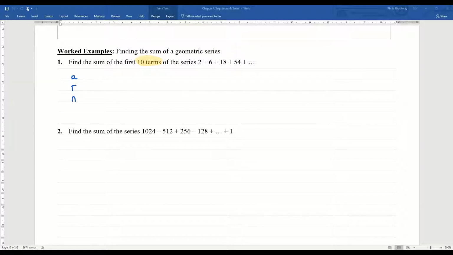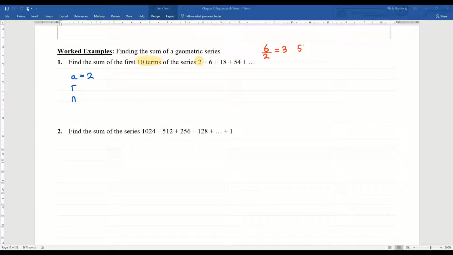So let's have a look at this series here. First term, that's immediately obvious, isn't it? That's just going to be 2. So we'll just put 2 in for our A. Now the common ratio, we can find that pretty easily. If we do a little bit of side work over here, you notice that 6 divided by 2 is 3. And it doesn't matter which terms you select.